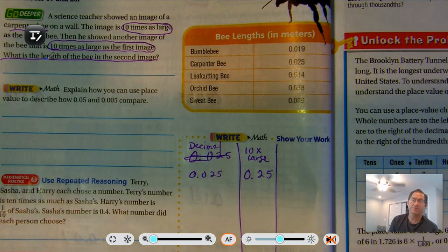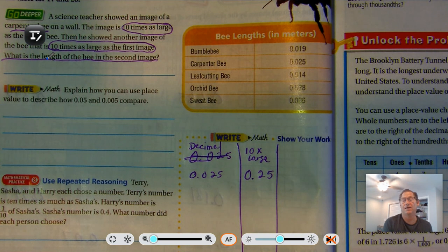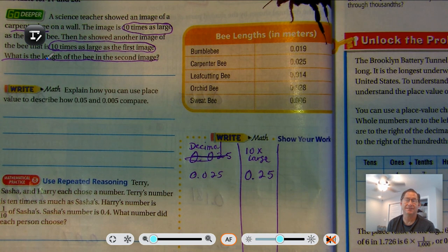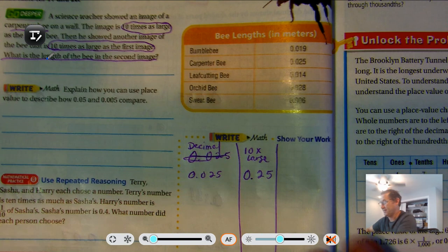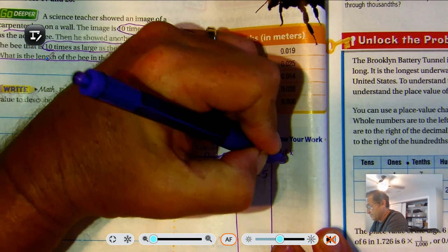So instead of thousandths, we would be in the hundredths because we're 10 times as large. Then he showed another image of the bee that is 10 times as large as the first image. So then it even got bigger.